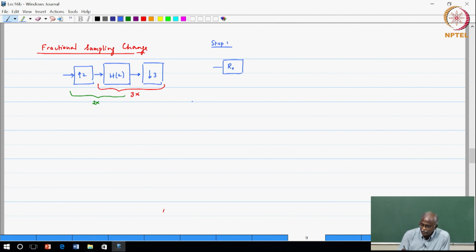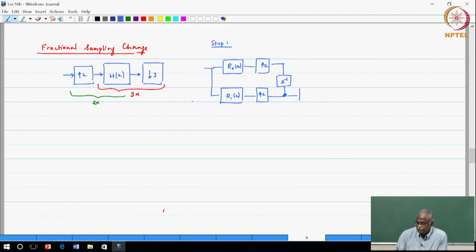So it is R0 of Z upsampled by a factor of 2, a delay element, and the lower branch is R1 of Z upsampled by a factor of 2. You add these two signals, and then there will be a downsampling by a factor of 3.